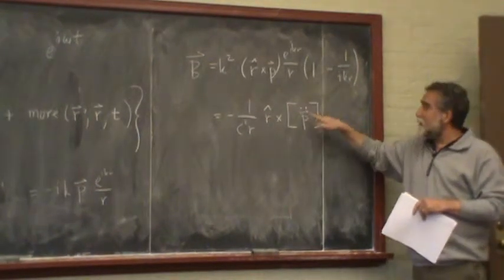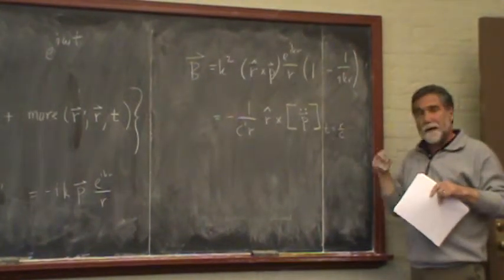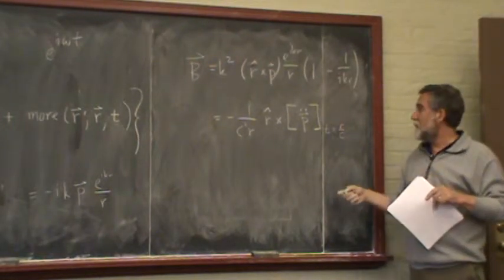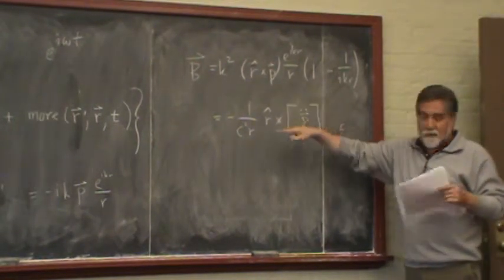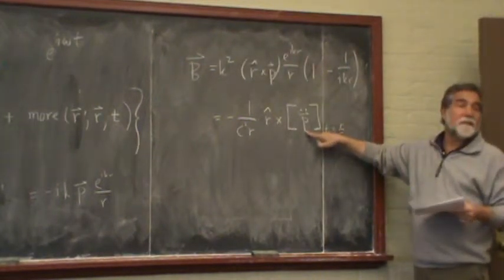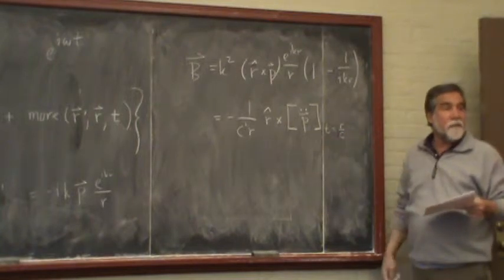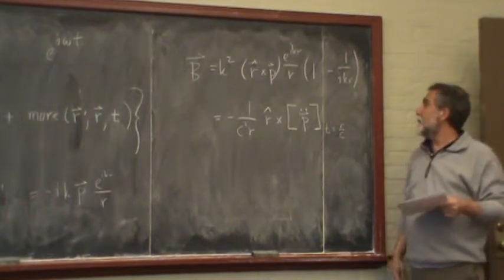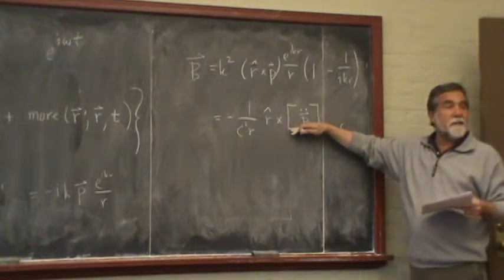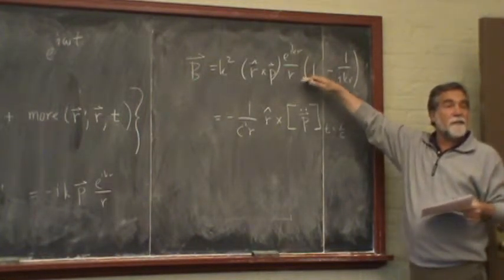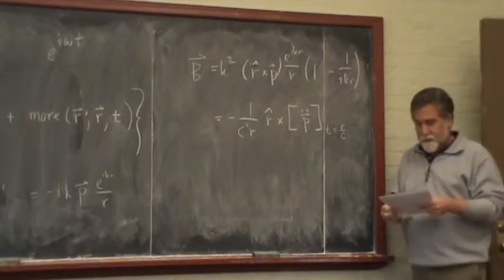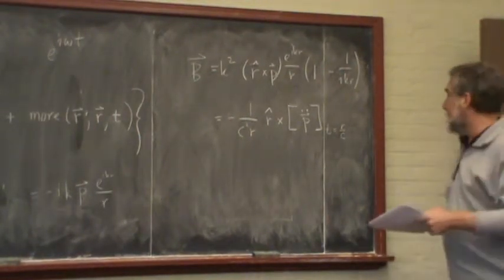The brackets mean we're making our evaluation at a particular retarded time. The magnetic field comes out to be the second derivative of the dipole. This is compact, but the arithmetic to get here is more complicated than the arithmetic that I used.